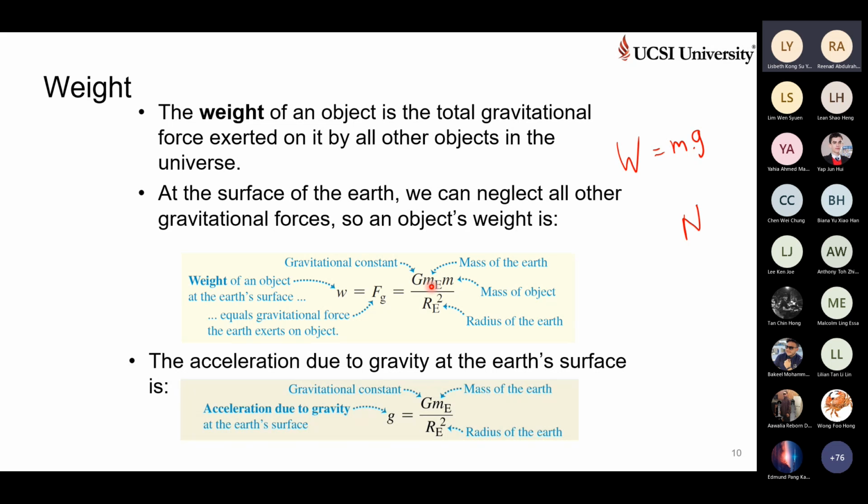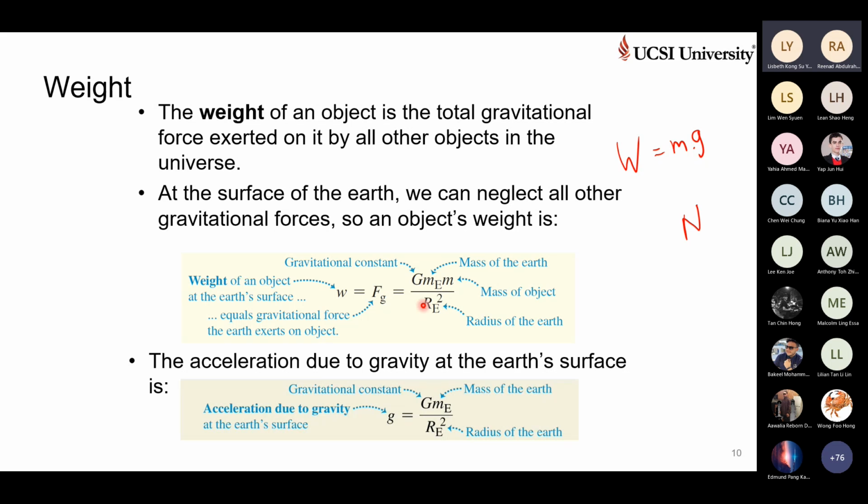If it is two different objects, it is the distance between the two objects. To get the g value, we are finding out the force of attraction of the earth towards other objects on the earth. When you take an object on earth, we have this force and the distance apart is also R.